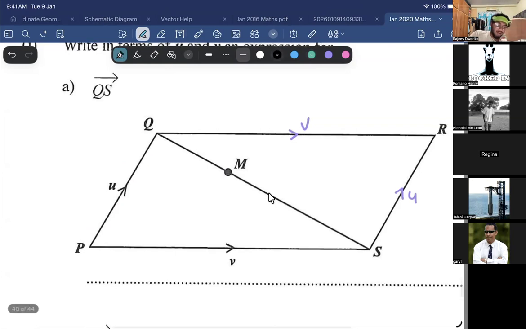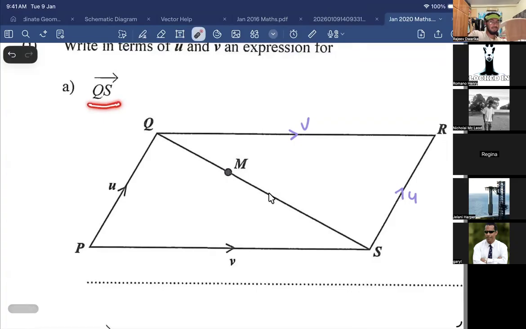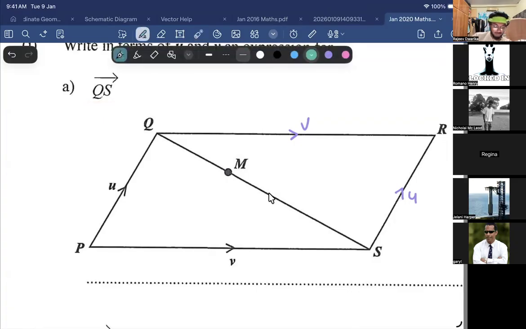So Regina, logically, you want to go from where to where? Q to S. Where are we starting from? We're going to start from Q and I want to go to S. So how could I move next? Q to P. Cool, Q to P, and then how could I move after that?